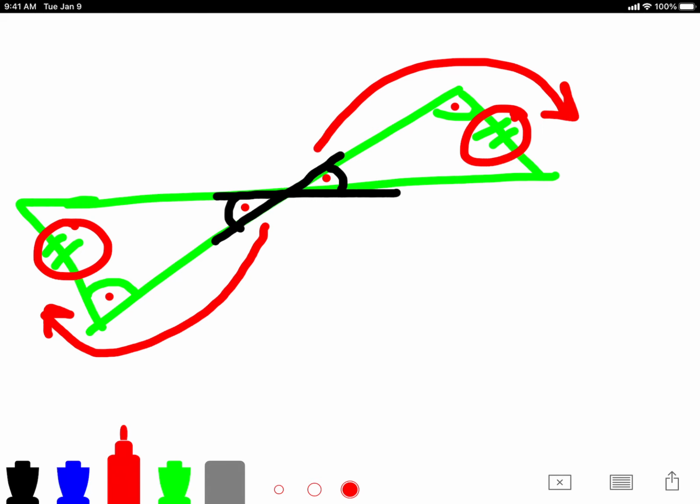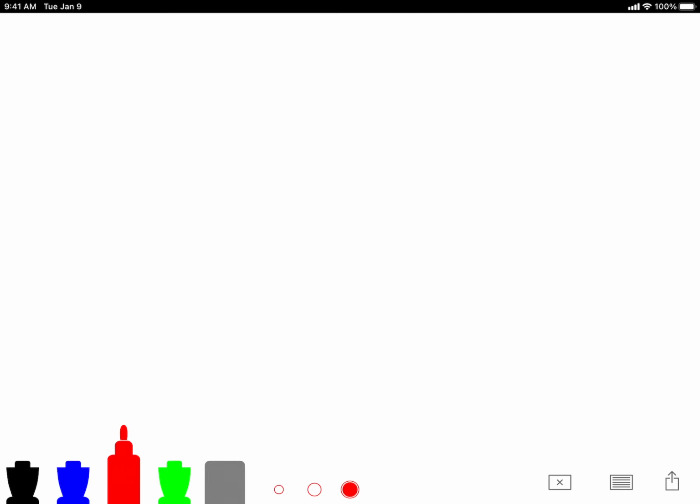Okay, so the other one that we want to work on is angle, side, angle. Let me get a better example here. This one's good. Okay, here we go. Ready? And I hope you're following along. I'm going to draw a little parallelogram here.